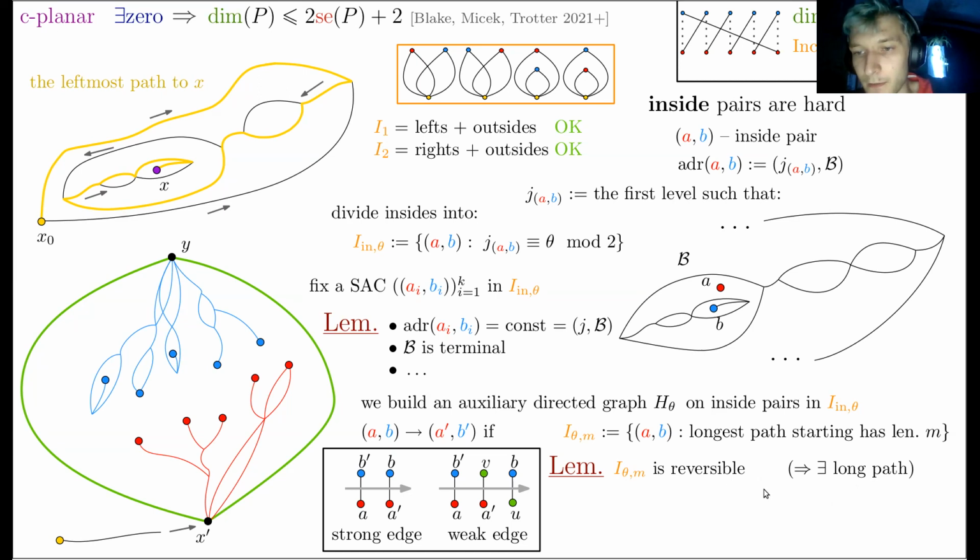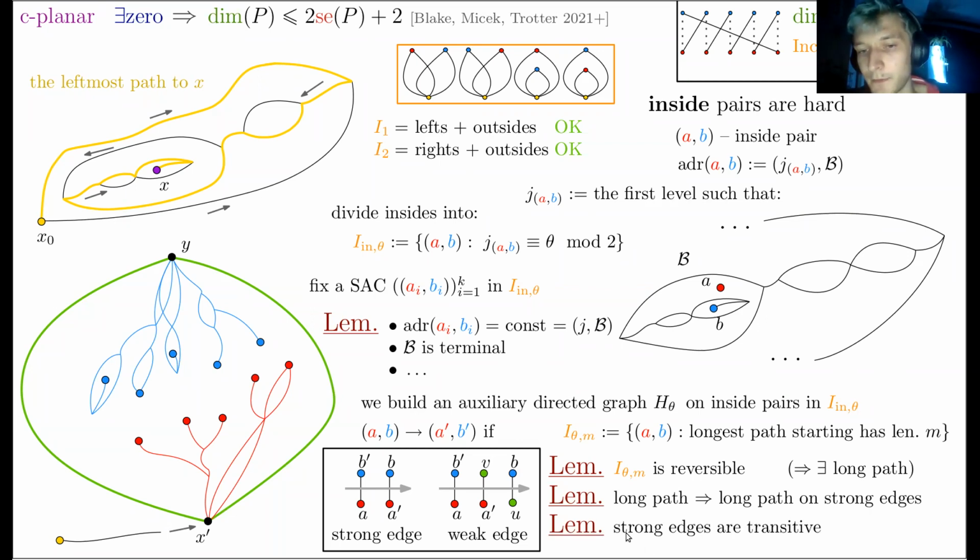Next, if we have a long path, then we can eliminate weak edges. Long path means that we have a long path on strong edges only. So we take this path and we replace each weak edge with a strong edge in some way, non-trivial again.